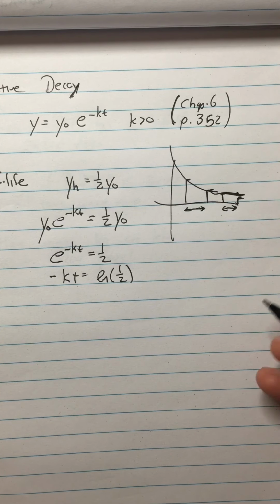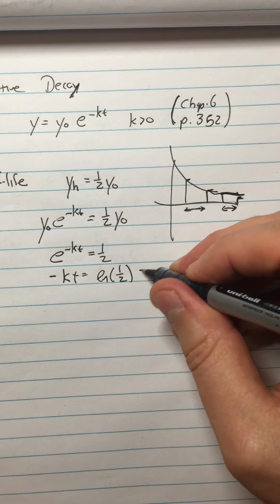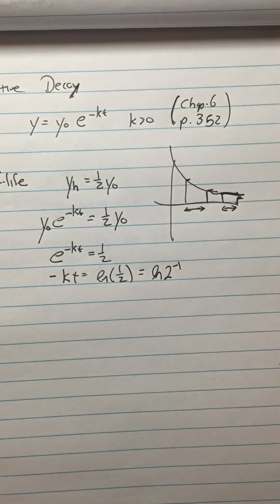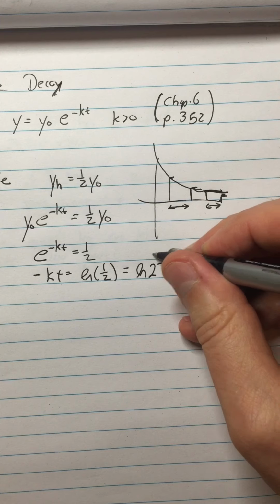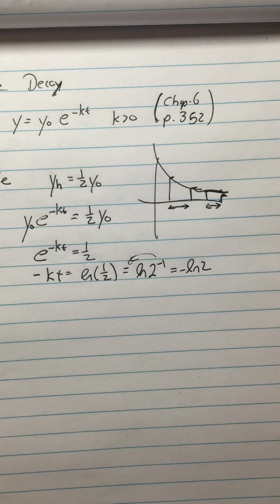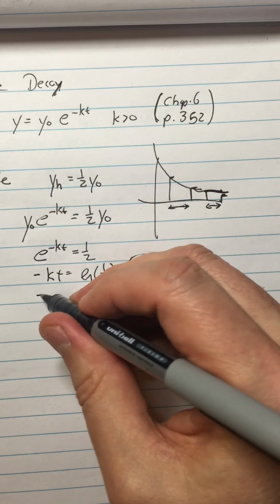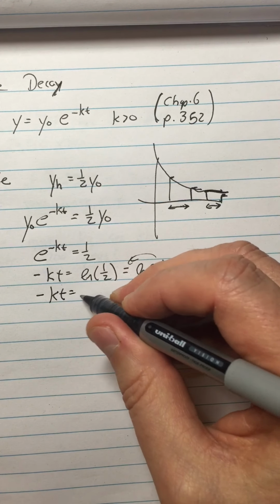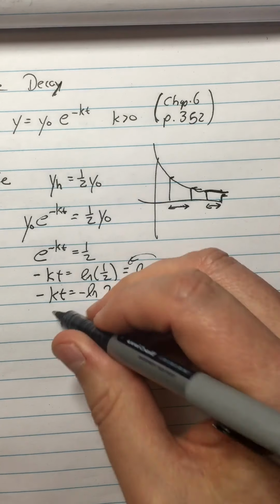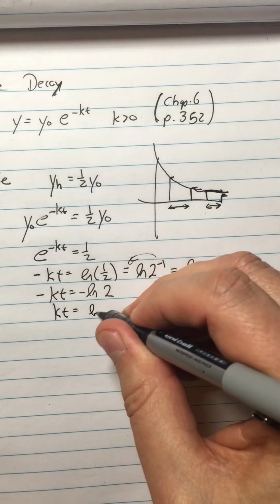But you can do this tricky thing. ln of 1/2 is equal to ln of 2 to the negative 1, and then the property of logs says I can bring the exponent out the front, so it equals negative ln of 2. That simplifies this equation: negative kt equals negative ln of 2, which takes care of both the fraction and the negative signs. So kt equals ln 2.